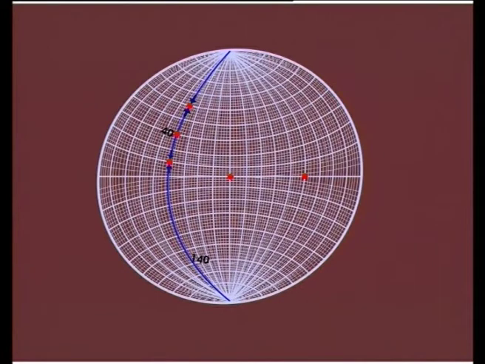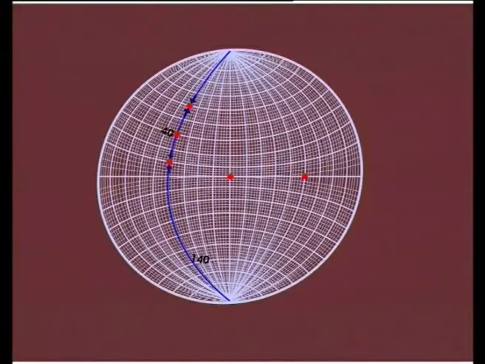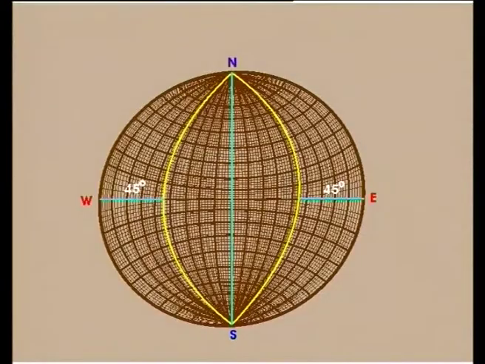We must remember at this point, however, that on the stereographic projection only the orientation of the planes are projected, not the shape of the structure produced by these two planes. If you try to visualize three-dimensionally, two intersecting planes may represent any of the four possible folds.